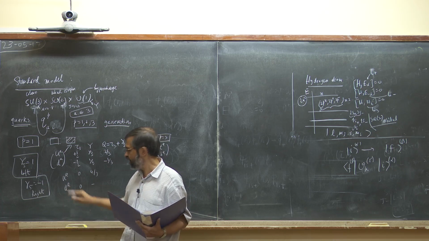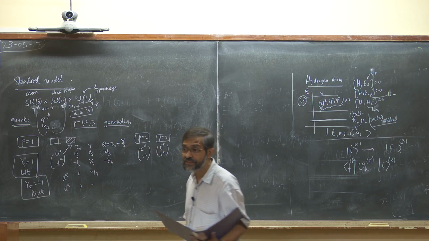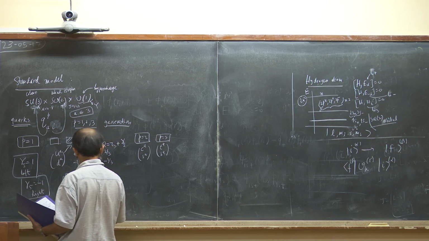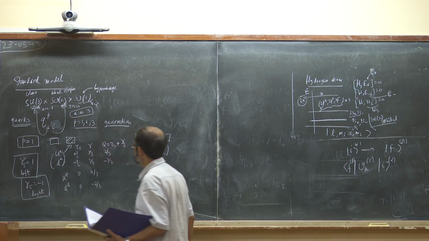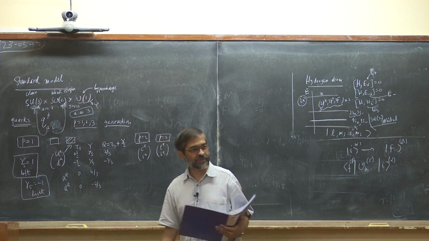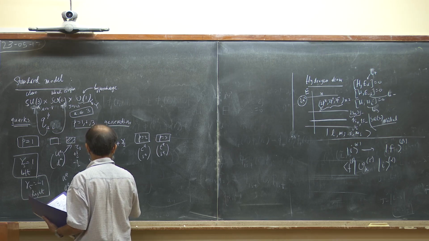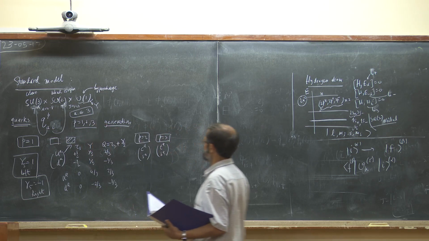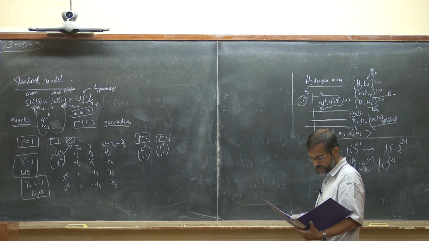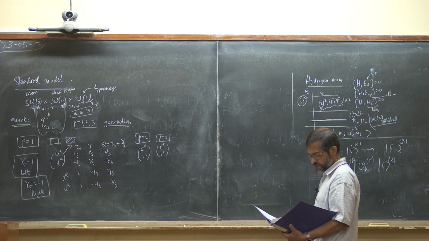Now for UA and DA, the right-handed fellows, there is no need for them to have the same hypercharge. So they are different, and indeed they are invented in such a way that you get the same electric charge eventually. This is just phenomenological assignment. So this is all Gell-Mann's quark model.